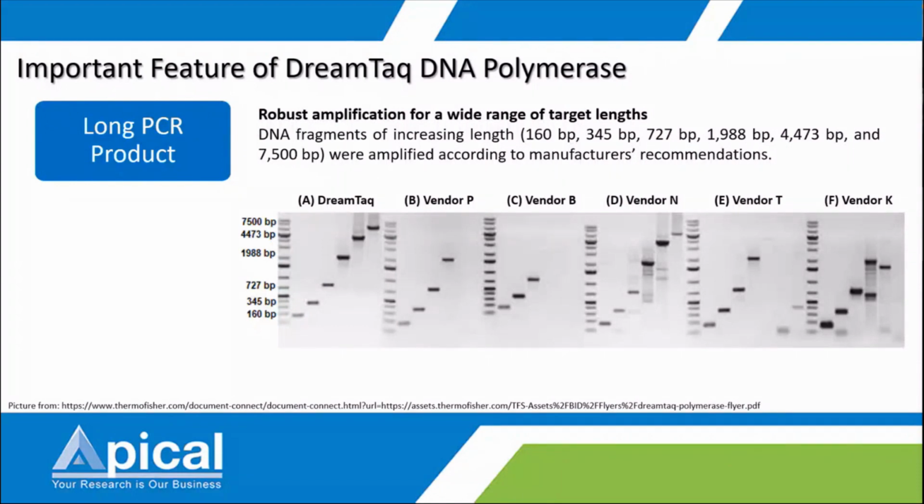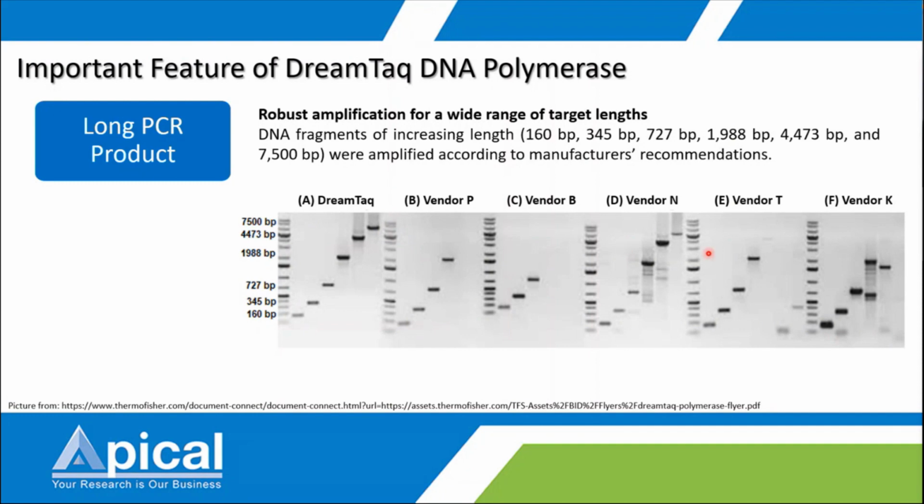And with good processivity, DreamTaq can give you robust amplification with high yield for a wide range of target sizes. As shown in the gel here, this is the amplification of targets with different sizes ranging from 160 base pairs to 7.5 kb.